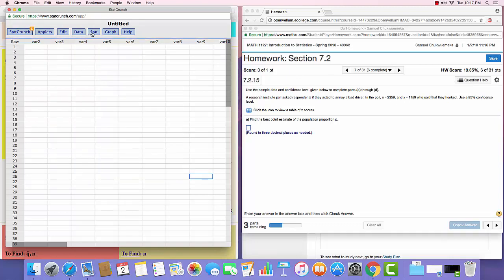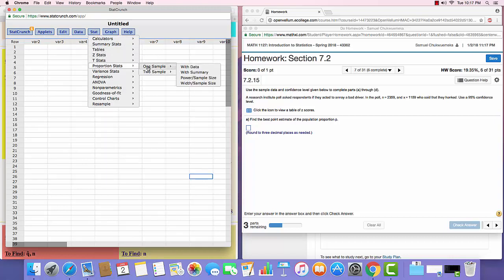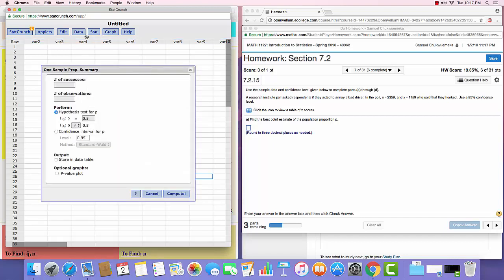Go to Stat, Proportion Stats, One sample with summary. And you can also do this with your TI-84+. Number of successes in this one is 1159. Number of observations is 2359.